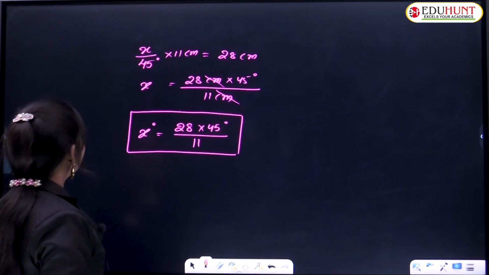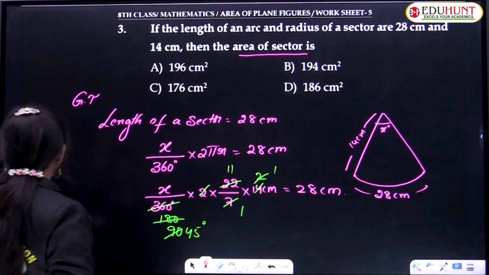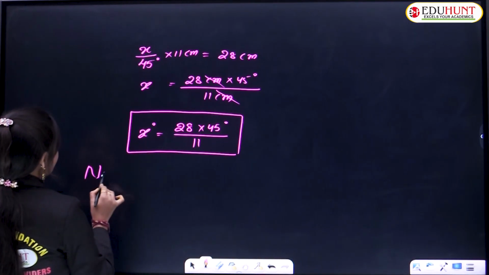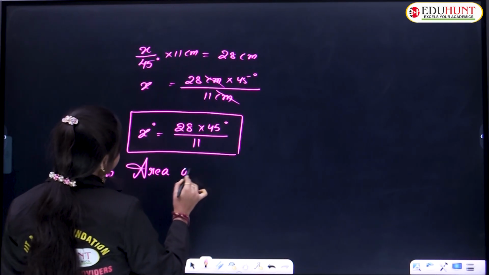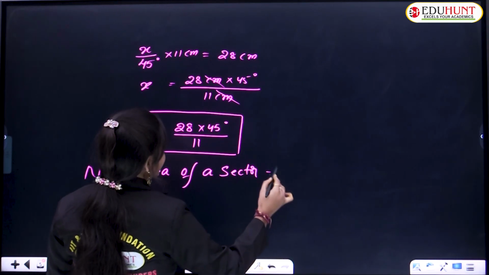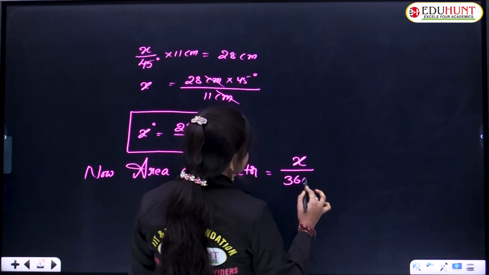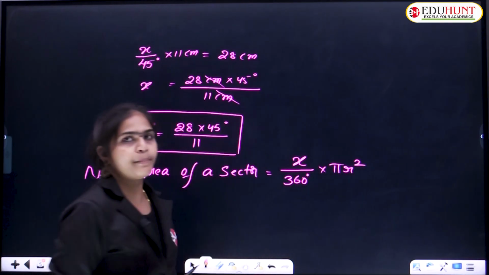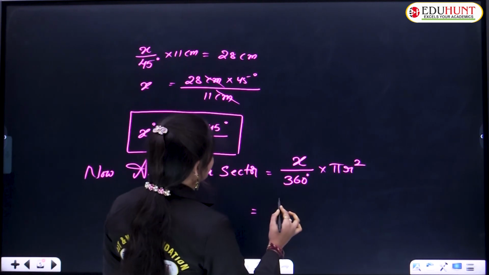Now what we need to find out, as per the given question, is the area of a sector. What is the formula to find the area of a sector? Area of a sector is x by 360 degrees into pi r square. x is equal to how much we got here?